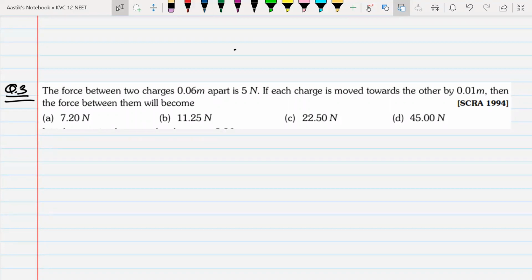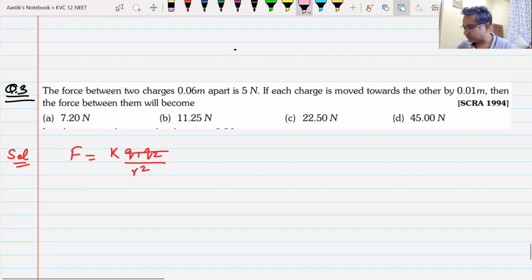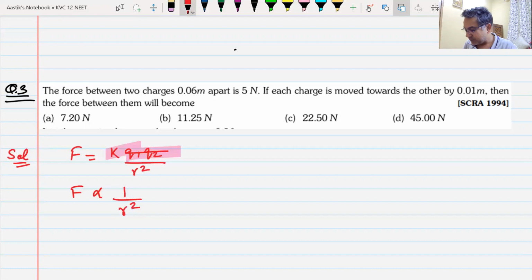The only thing that has changed is the distance. Yes or no? So remember, force is equal to K Q1 Q2 by R square. Here the charges are same, so K is same. So I can say that this force is proportional to 1 by r square.